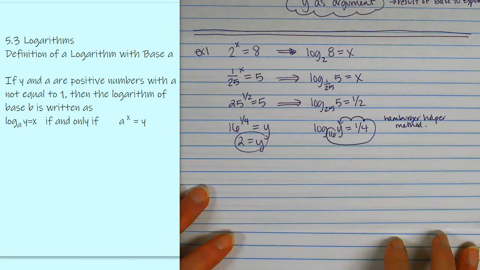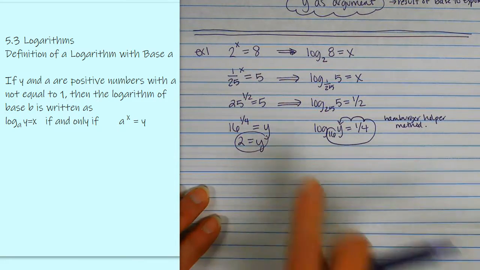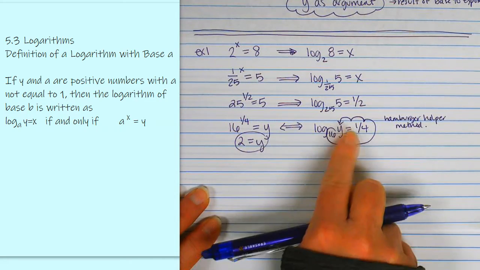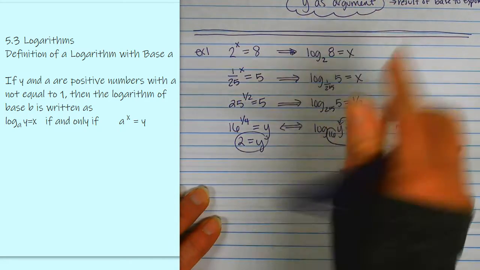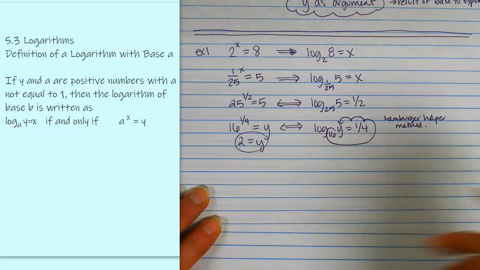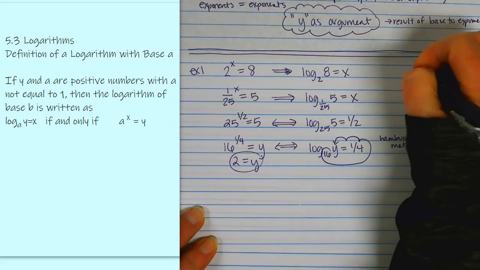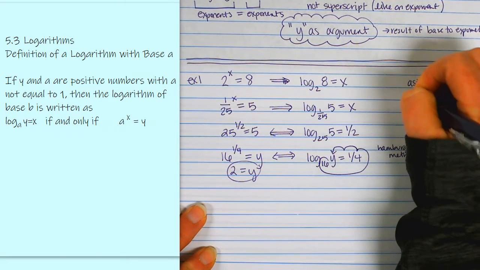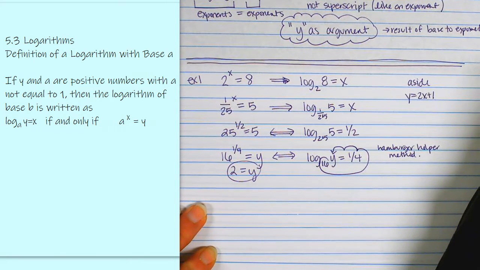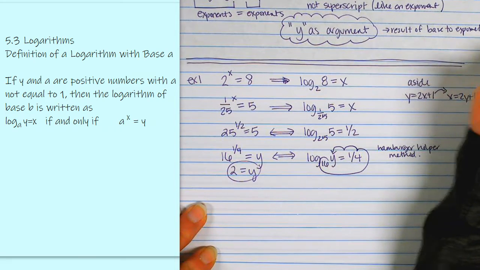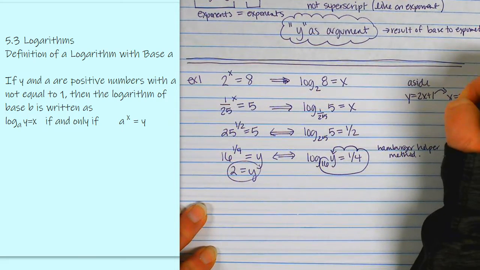So in order for what we do to make sense, I need you to be able to work in either direction, taking an exponential and writing it as a logarithmic, or taking a logarithmic and going back and writing it as an exponential. Because these are inverse functions, it's a lot like, just as an aside, taking y equals 2x plus 1 and trying to find the inverse by switching, x equals 2y plus 1, and solving this to find the inverse.